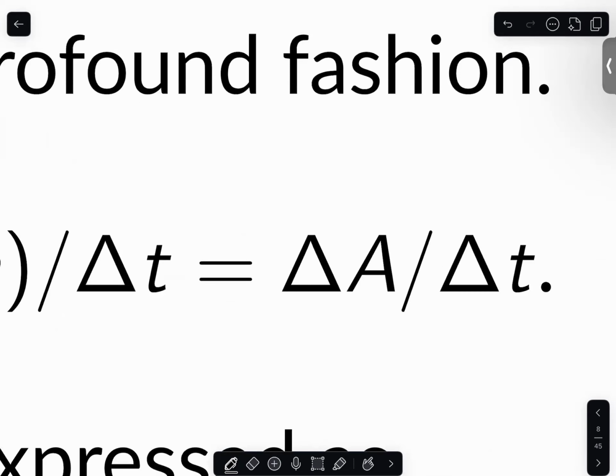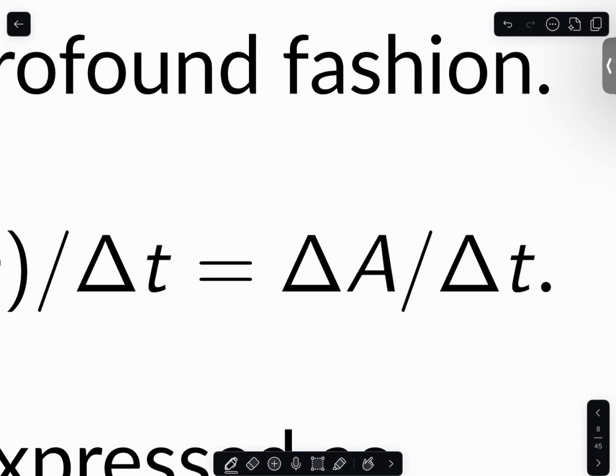So length times velocity has a meaning. It is the rate of change, the slope of the area. We can write a formula for the area as it changes and say how rapidly that is changing. That is the area per time, the rate of change of area.